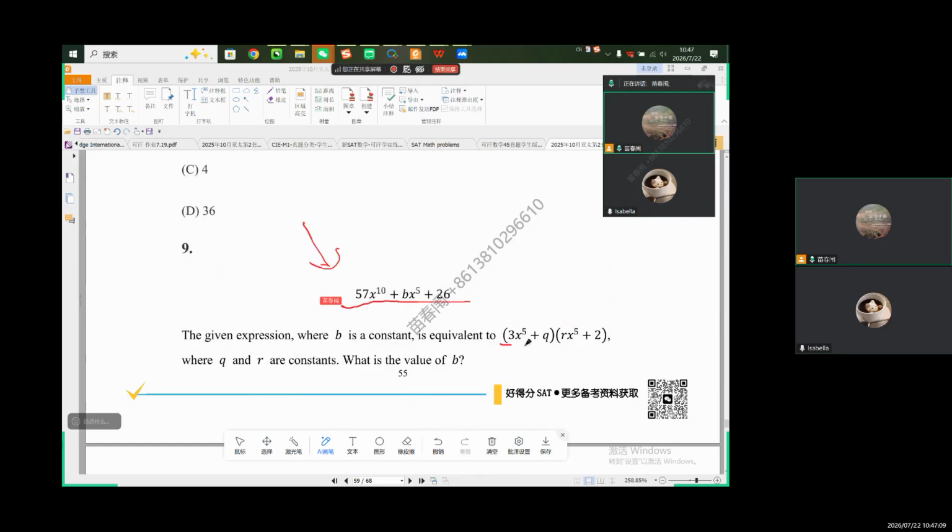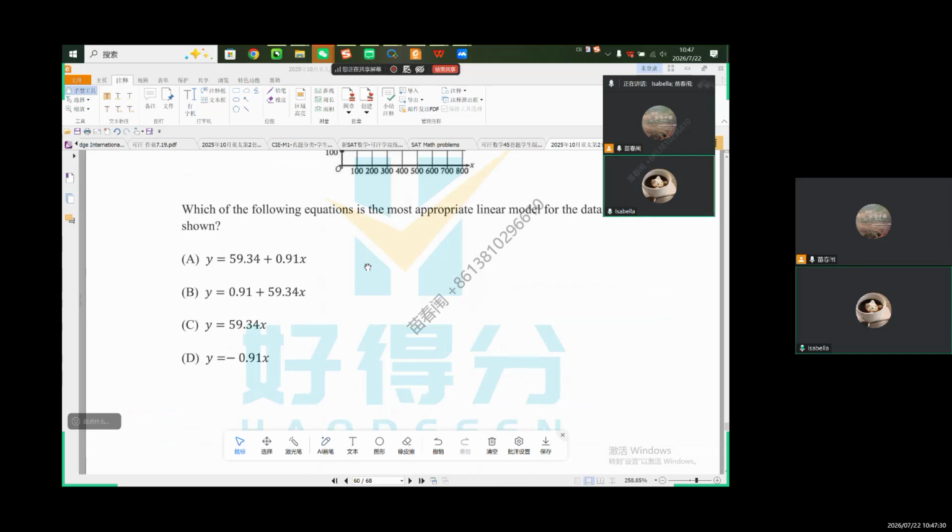So you come up with expanding, let each term equal each term, and then you can solve it easily. I expanded it, but I think I missed some stuff here. Oh yes, Q and 9, I forgot.